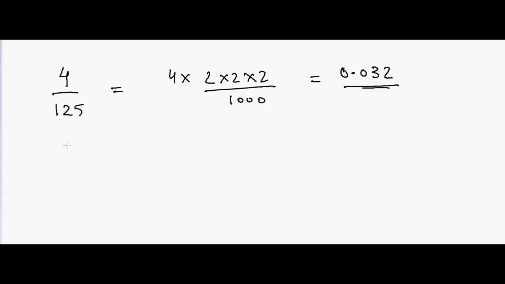Again, if I have 20 and want to divide by 125, 2 into 8 is 16, put 16 here, and then I have one more 0 here, but then I can do this, so this will be my answer.